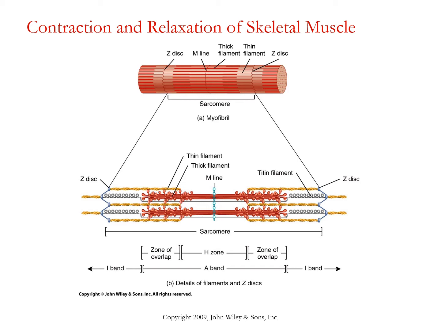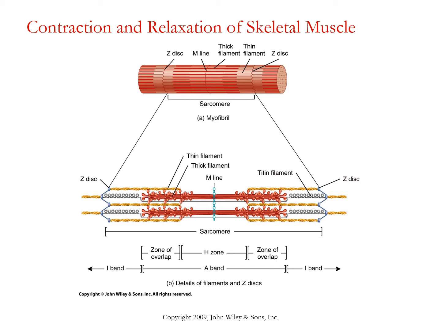Beyond the A band on either side are areas that contain only thin filaments with no overlap with the thick filaments. This region is called the I band, and it extends across adjacent sarcomeres and is intersected by a Z disc. This arrangement of filaments and other proteins within myofibrils creates the visible striations of skeletal muscle tissue, where the I bands create the lighter areas and the A bands create the darker areas.